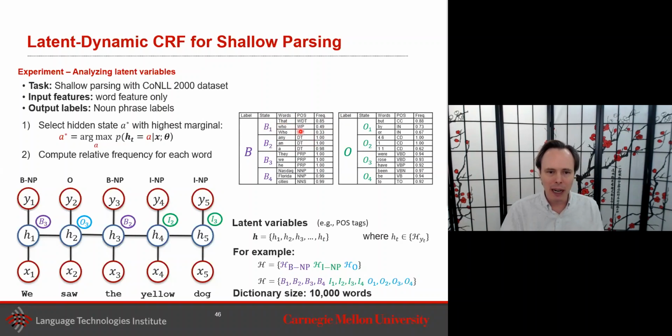B1 ended up being a lot more determiners and pronouns, and that's the beginning of a noun phrase. The house or the greenhouse is very likely to have a determiner or a pronoun at the beginning of a noun phrase. So it not only learned that determiners and pronouns are likely, but it put them in 2 different latent states. So this is a latent dynamic conditional random field.